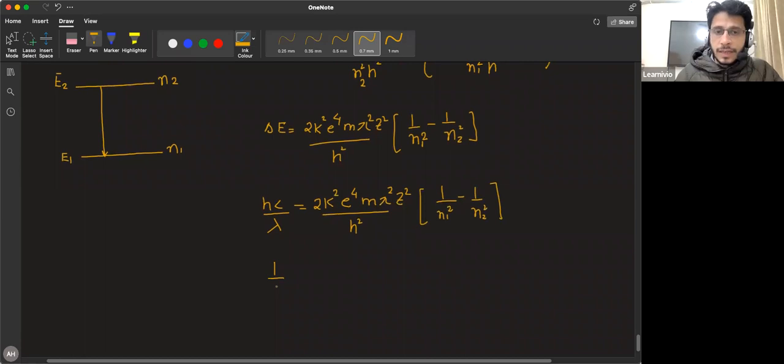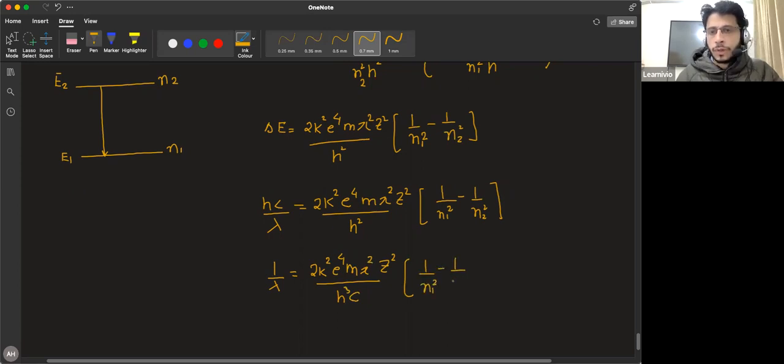So I can write 1 by lambda, taking this in the denominator, as 2k square e to the power 4 m pi square z square over h cube c, into 1 by n1 square minus 1 by n2 square.